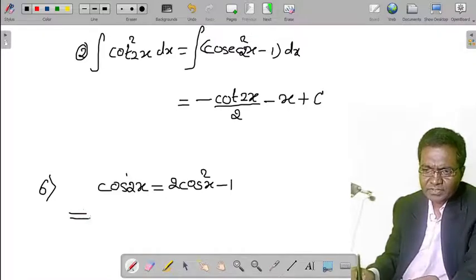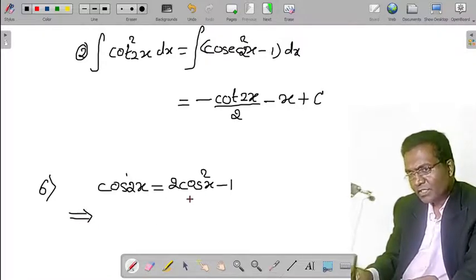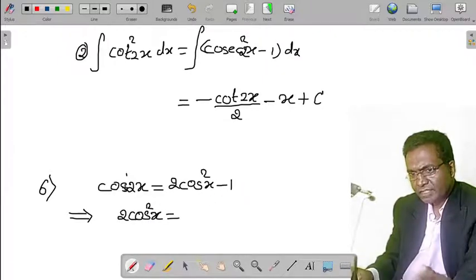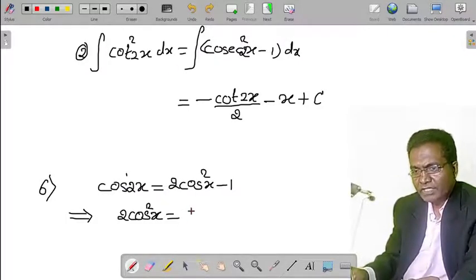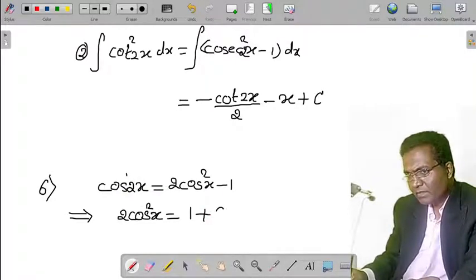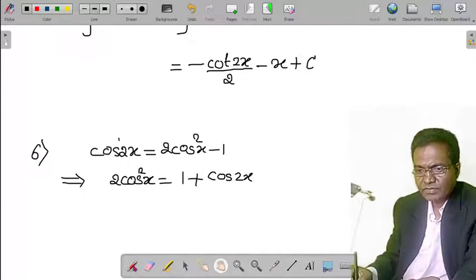And from this, what is 2 cos square x? If you bring it to this side, this minus 1 becomes plus 1, so you will get 1 plus cos 2x.